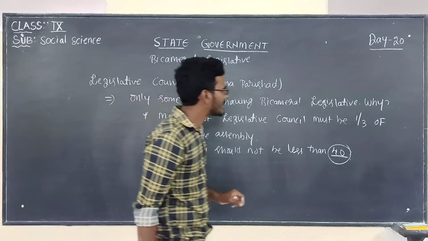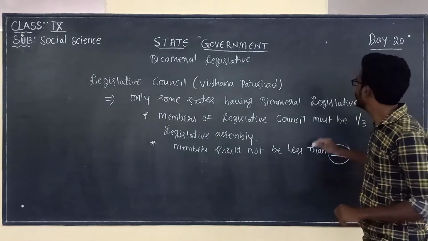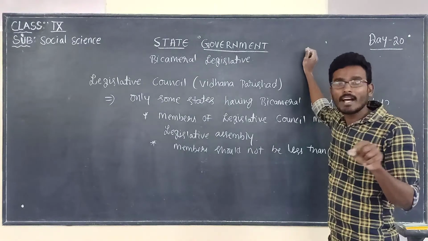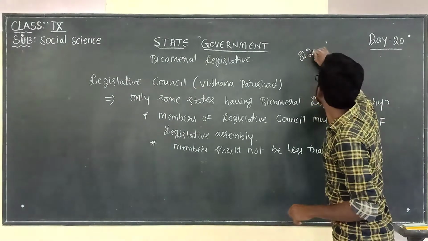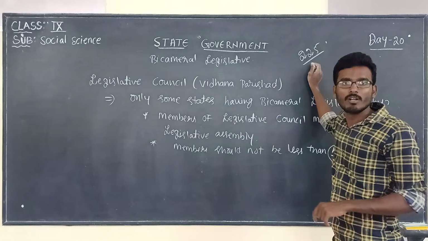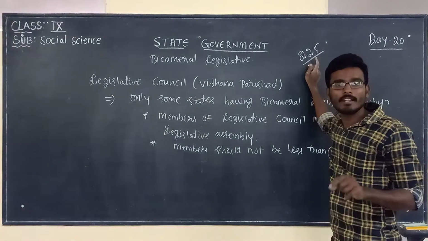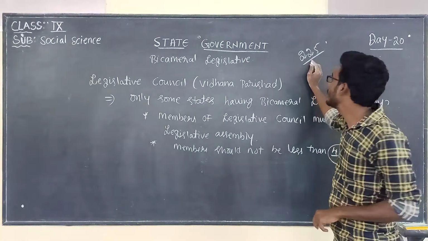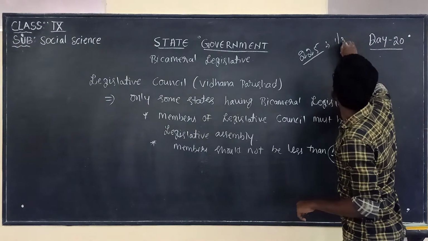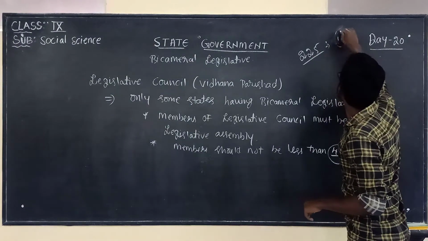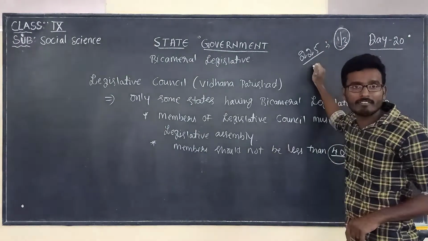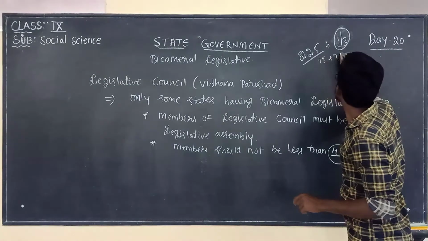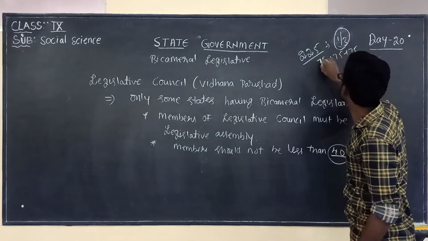Okay, let us take Karnataka state as an example. The total number of members in the Legislative Assembly in Karnataka is 225. In that, 1/3 means what? You just divide 225 into 3 parts: 75 plus 75 plus 75, right?